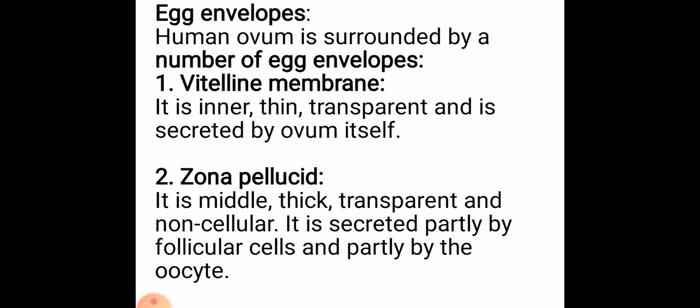Next, I already discussed the egg envelopes. The human ovum is surrounded by a number of egg envelopes, especially the 3 we have discussed here. The vitelline membrane is an inner thin transparent membrane, secreted by the ovum itself. The zona pellucida is the second envelope, a middle layer, thick and transparent like the vitelline membrane, and non-cellular; it does not contain any cell.